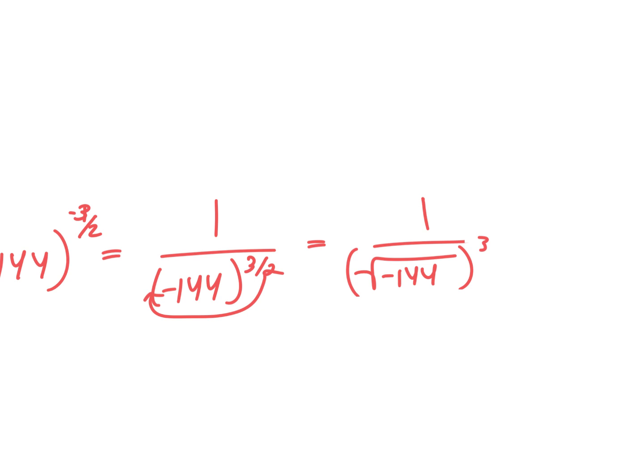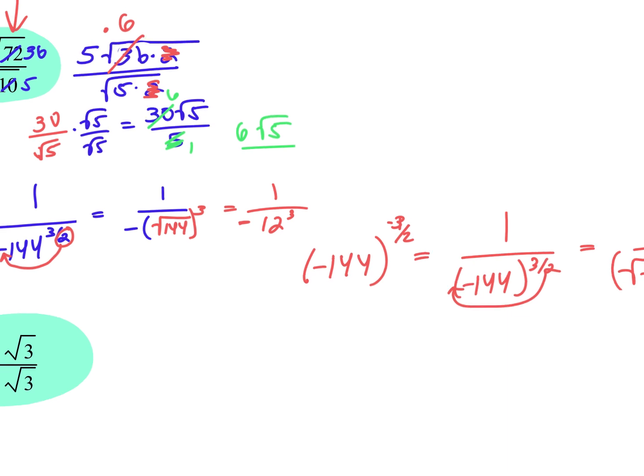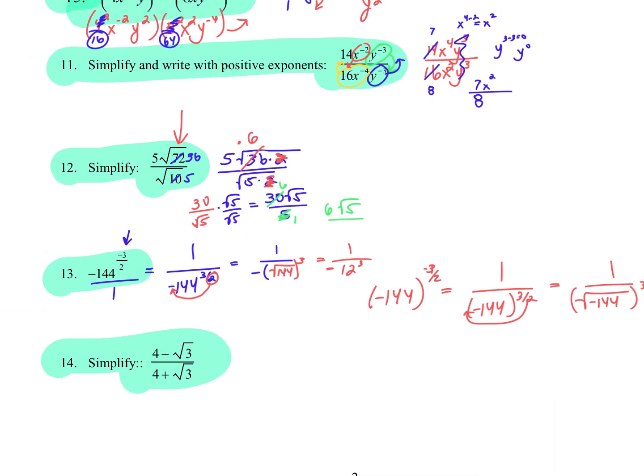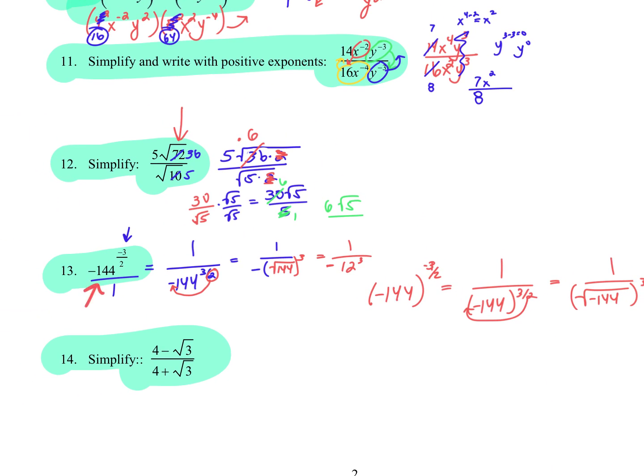Can you take the square root of negative 144? No. I mean, you can, but what kind of number are you going to get? It's imaginary. So this case would be no solution. There's a major difference between the number without parentheses versus with parentheses. With parentheses means you are talking about that negative number. Without means you're talking about the number, and then you're multiplying it by negative 1 at the end. Very big difference.